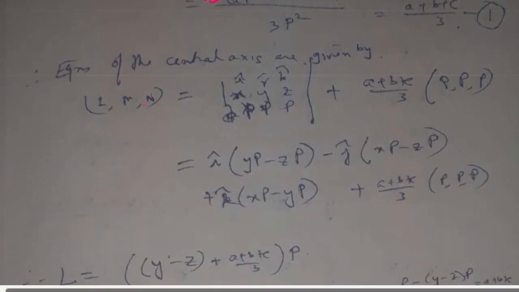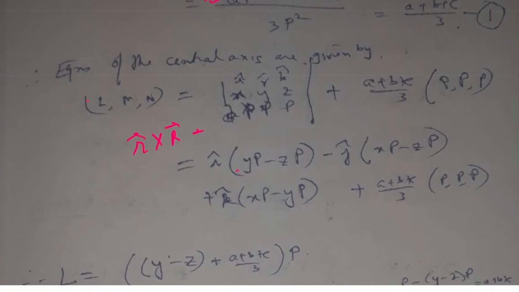Okay, so we are just putting all the things together. So the equation of the central axis ultimately becomes, if you memorize back, G equals R cross R plus PR. So P you have to find out here. You have plugged it in here. R is PPP along the 3 XYZ directions, and R cross R means what?